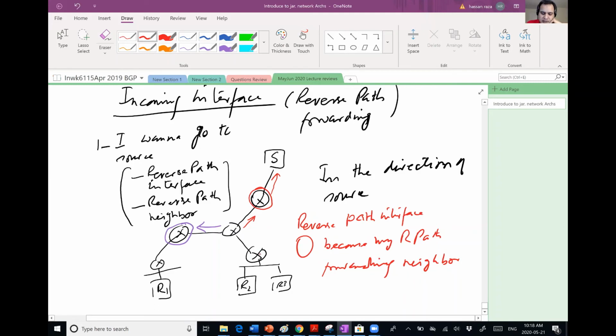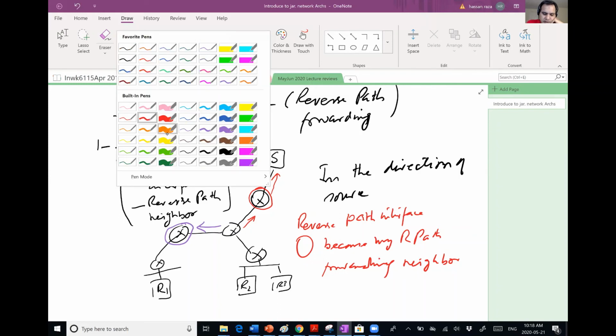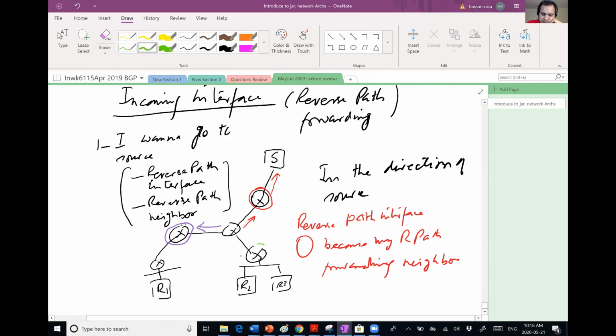Now let's say I'm here. Let's pick up some other color. I am this green router. Every router's job is to find out two things: an interface which would take me to source, and a neighbor. I have only one neighbor here.